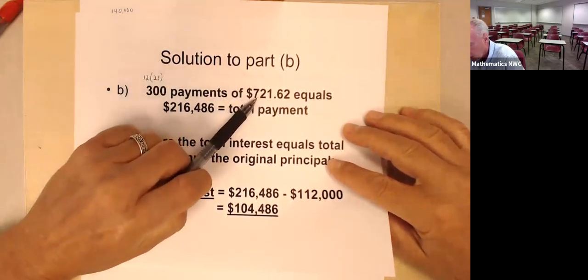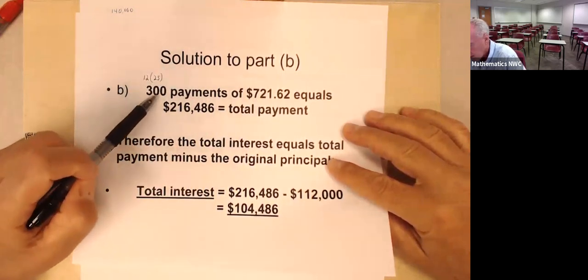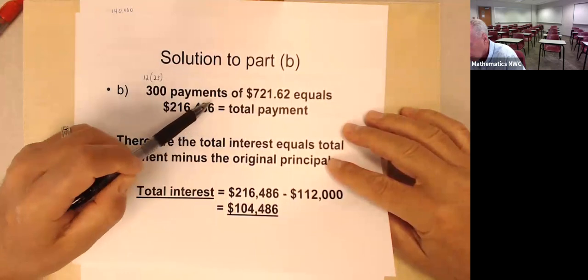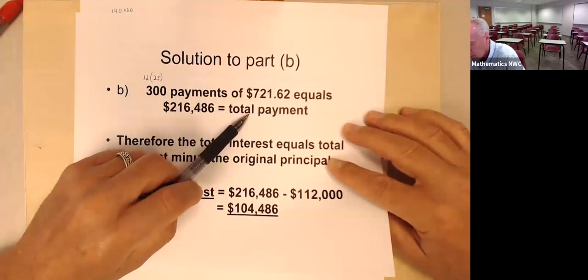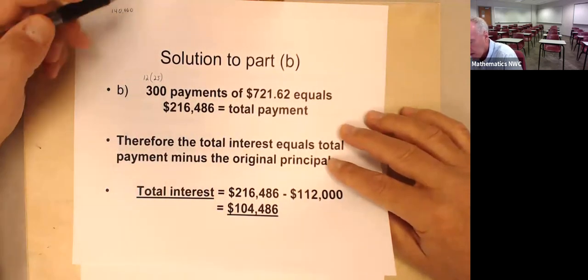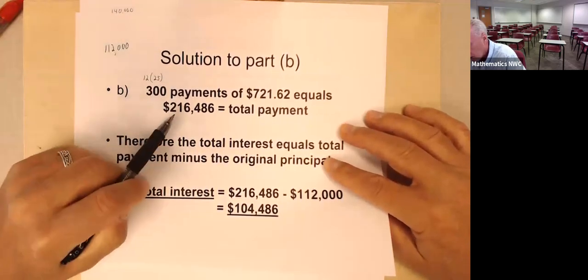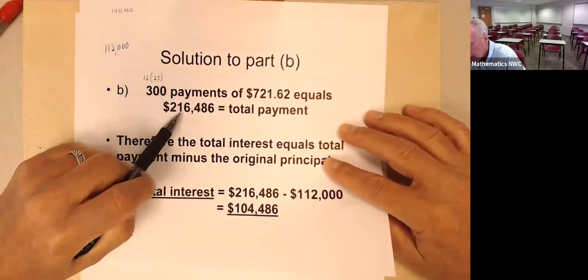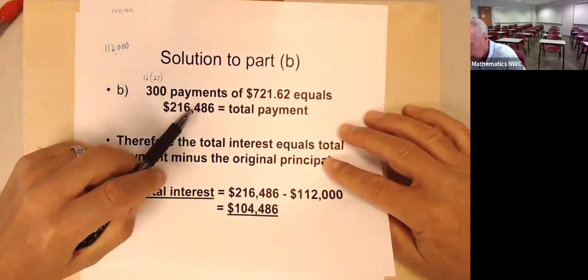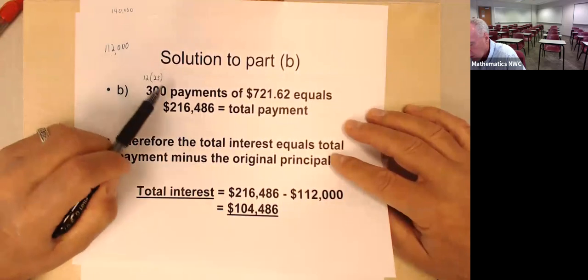This was the payment we calculated, $721.62. Well, if you take 300 times that, this is the total amount that you're going to pay in 25 years. Notice, you recall again, you borrowed $112,000. You're going to be paying back $216,486. So why are those different?